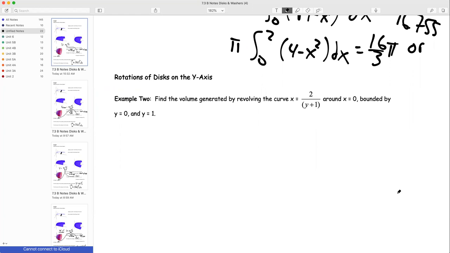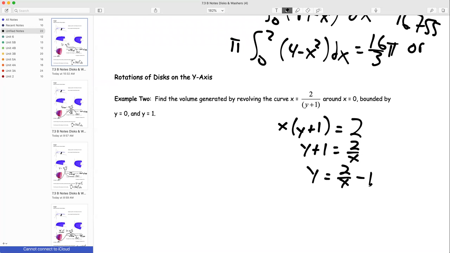But in order to graph this on my calculator, I need to solve this curve in terms of y equals. So let me do that. I'm going to cross multiply. x times y plus 1 is equal to 2. Then I divide by x. So I've got y plus 1 equals 2 over x, and subtract.